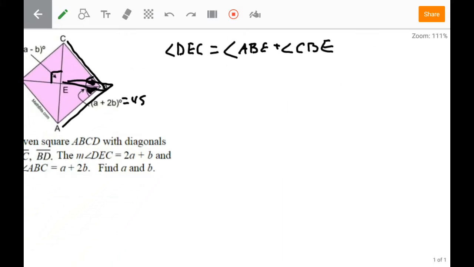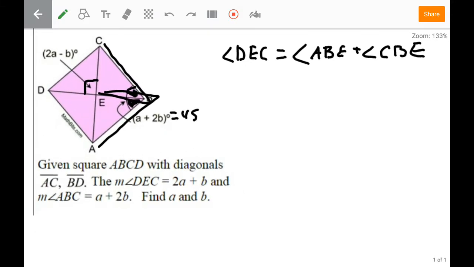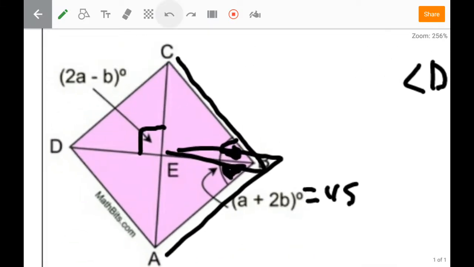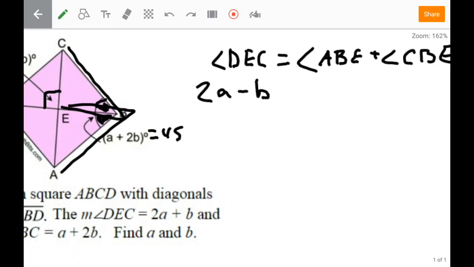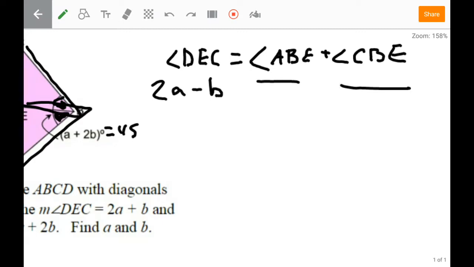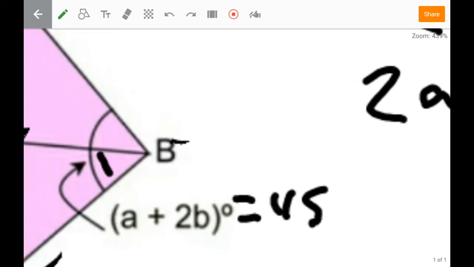And we can substitute. So DEC, remember, is this right here. So DEC is 2a minus b. Now for ABE and CBE, okay, let me erase some of the stuff. All right, so remember, this and this are the same.